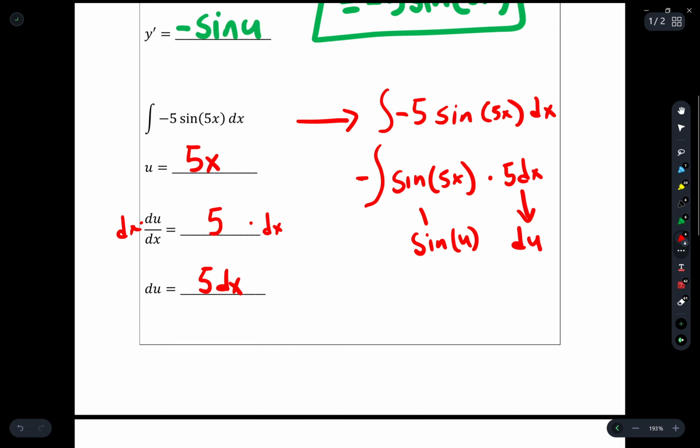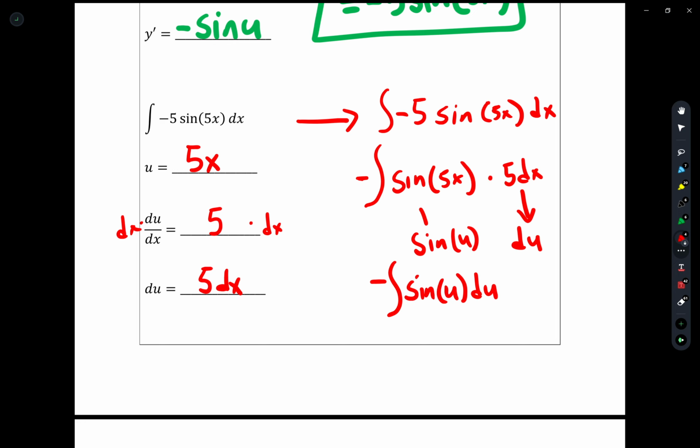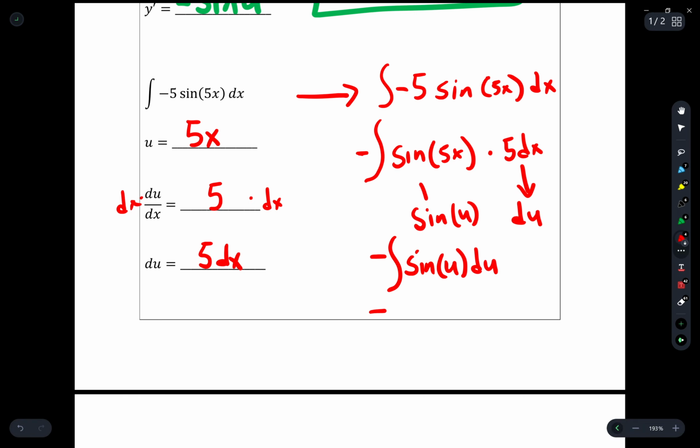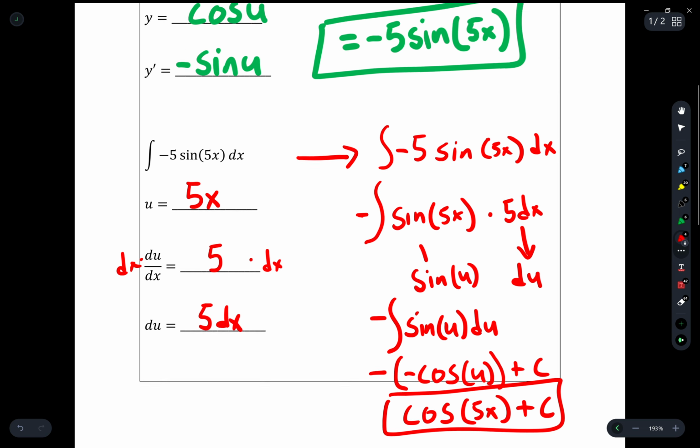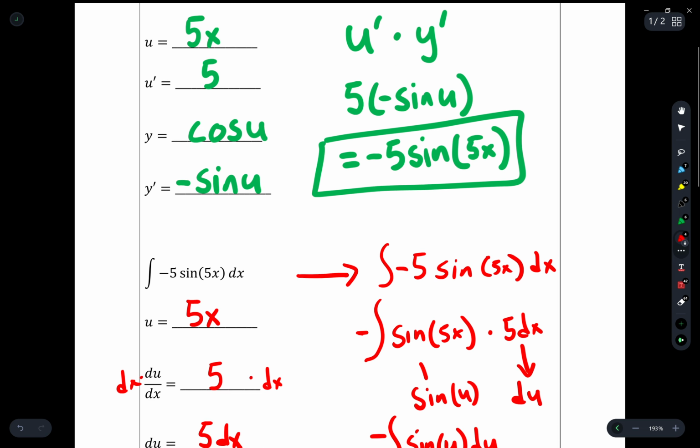So we have the integral of sine of u du. We take the antiderivative of that, which is negative times negative cosine u plus some c. A negative and a negative is a positive. Substitute back the u in there, and this is my final answer. Let's see, is that where we came from? Yes, that's where we came from.